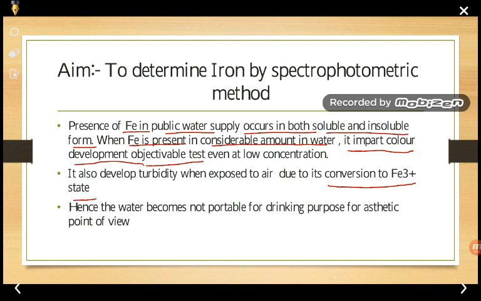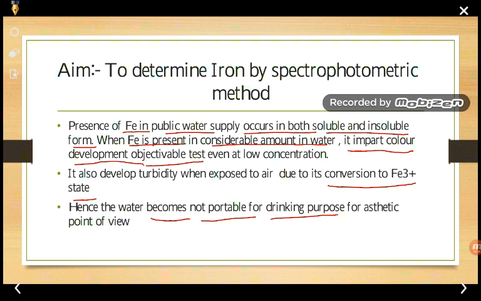So the presence of iron makes the water turbid, and hence the water becomes not potable for drinking purposes and also from the aesthetic point of view. The water we are consuming should be potable, and the iron content of the water should always be in the permissible limit.